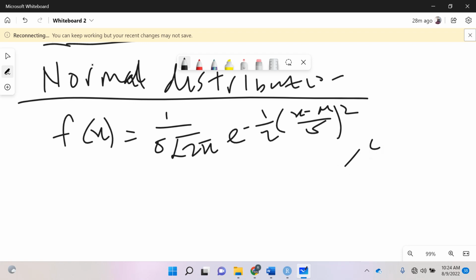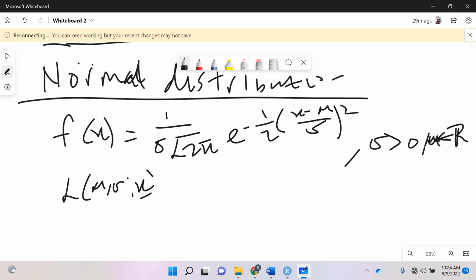Of course, sigma is greater than 0, mu belongs to R, something like that. Now, you formulate your likelihood. Your likelihood function will be a function of mu and sigma on some x bar. That is just the product, i moving from 1 to n, of f of xi, right?